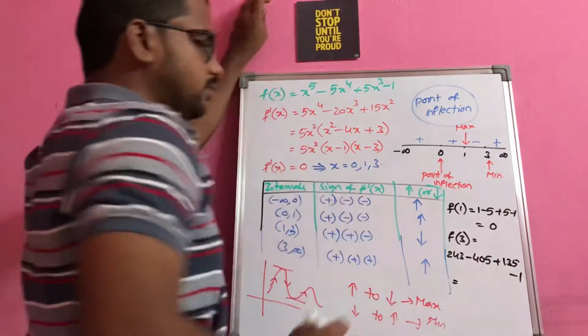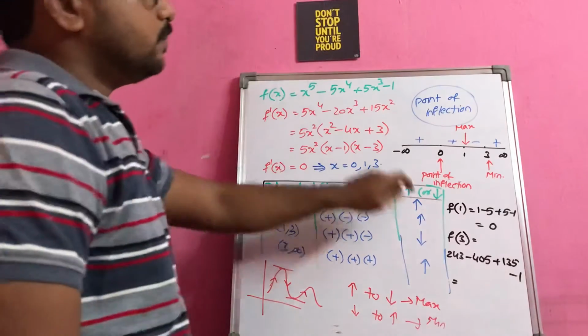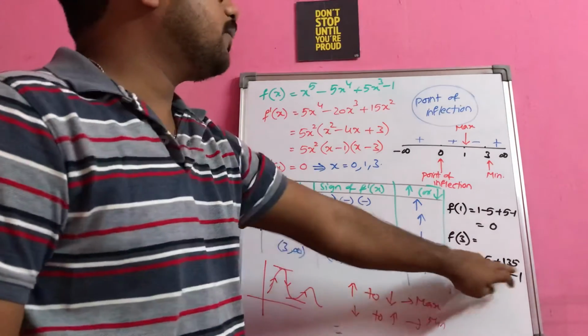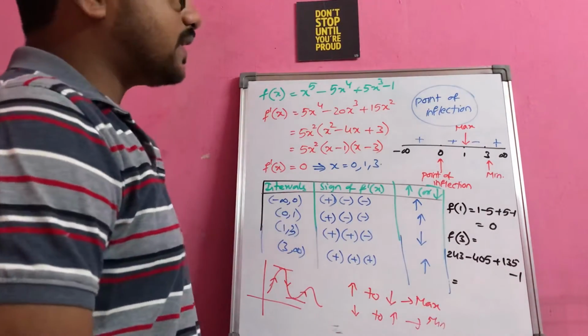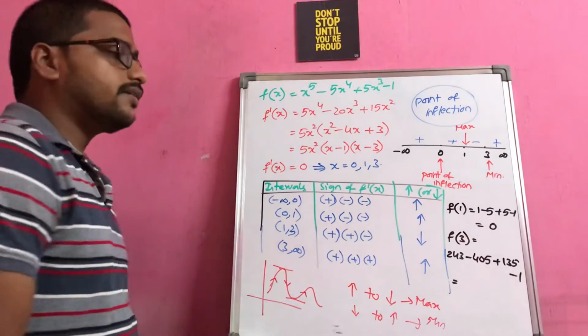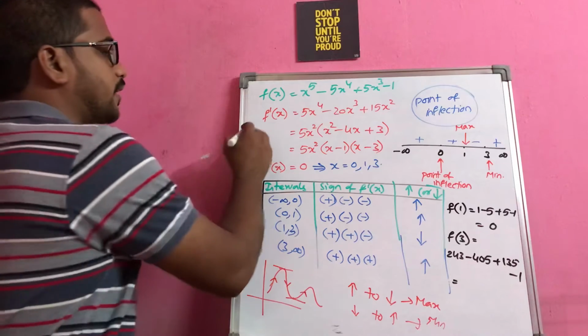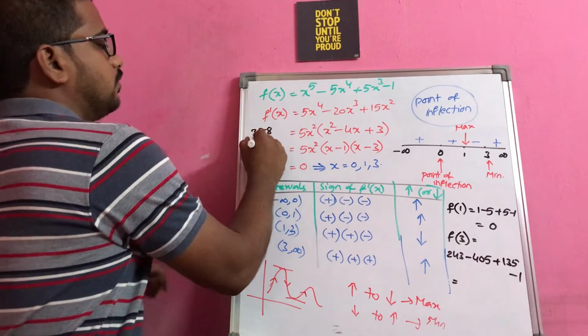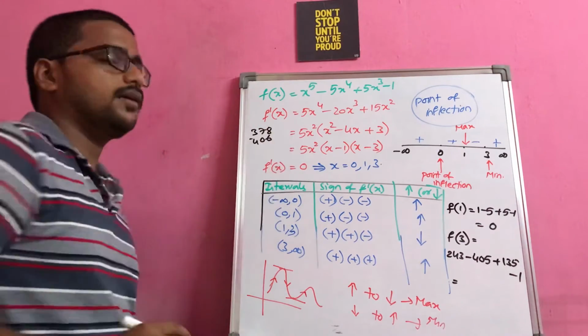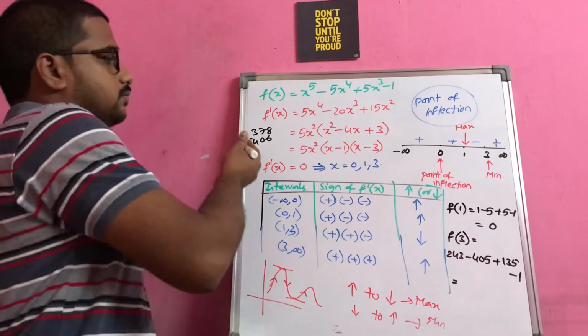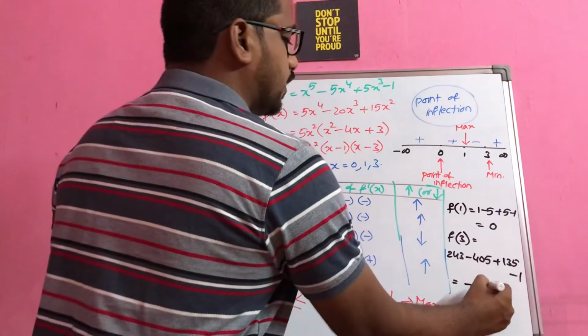If you further simplify this, 243 plus 135 is 378. 378 minus 406, you are getting minus 28.